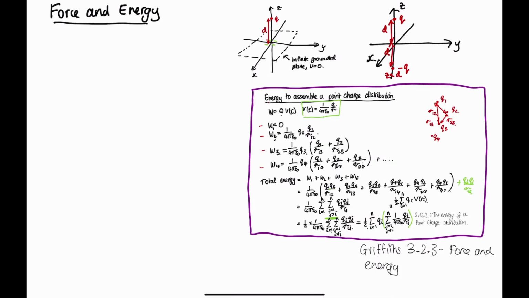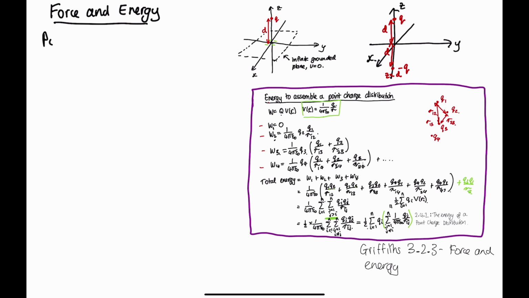So far we've been comparing the potential between this situation where we've got a charge a distance d above an infinite grounded conducting plane, and this situation where we've got a charge Q a distance d above the xy plane, and a charge minus Q a distance d below the xy plane, and we've seen that the potential is the same.